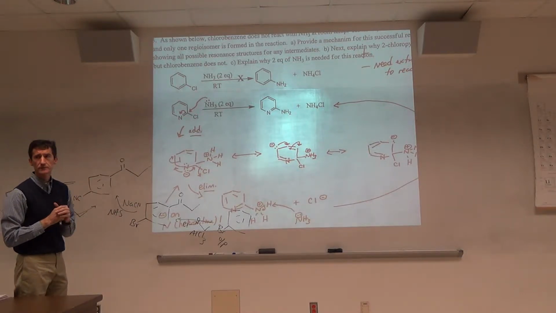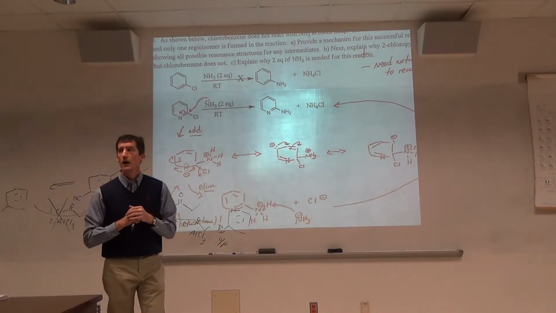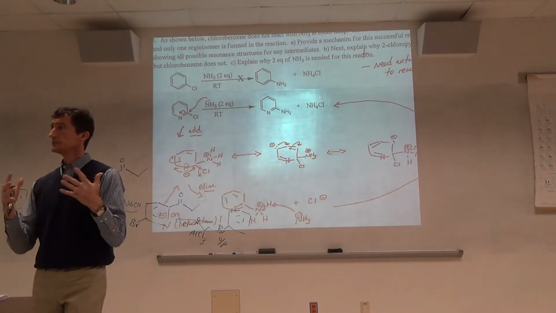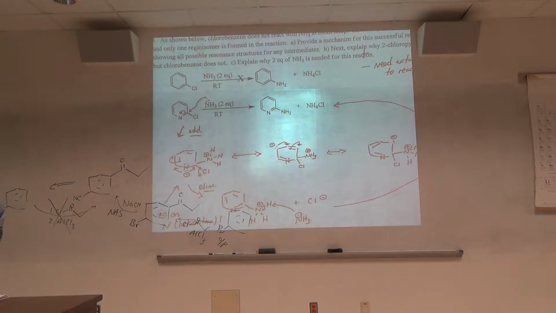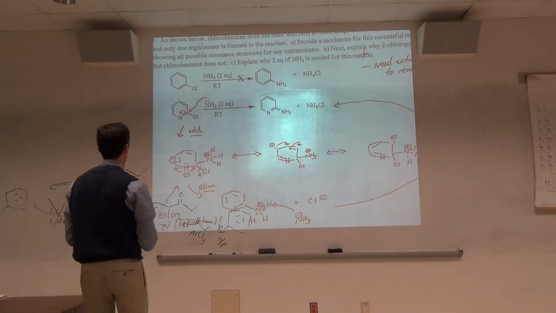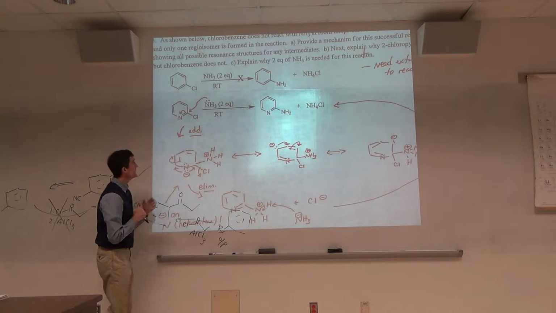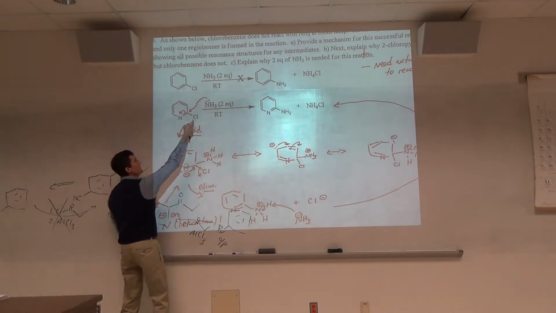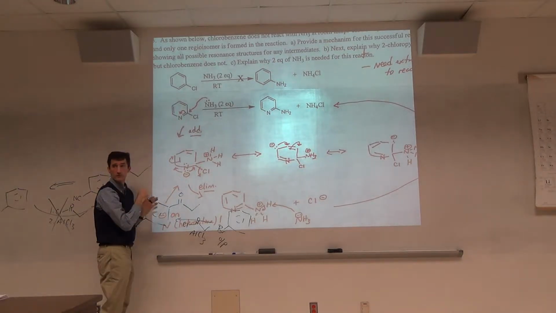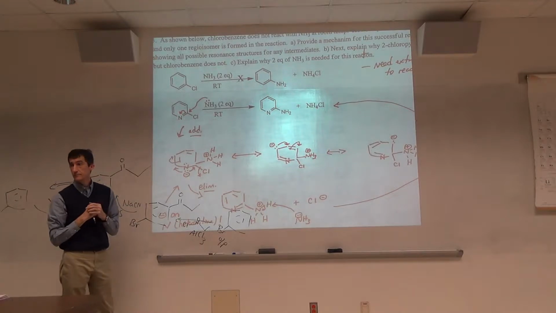Questions about this mechanism? How did we do? What I'd like to hear is what stumped you up here. I mean, that's the only place they can go. Nucleophile N, you move electrons onto... Okay.